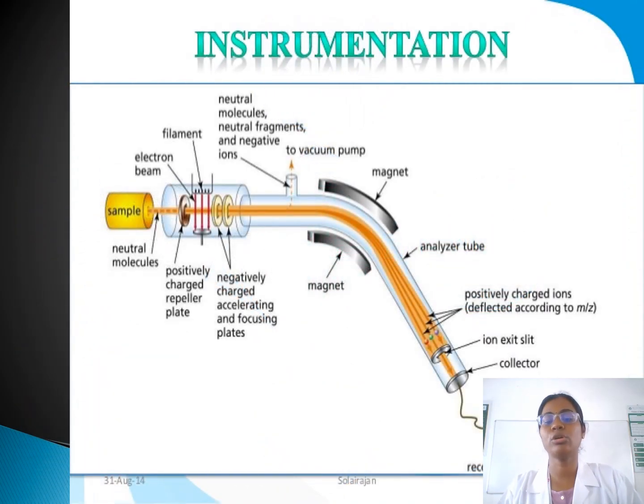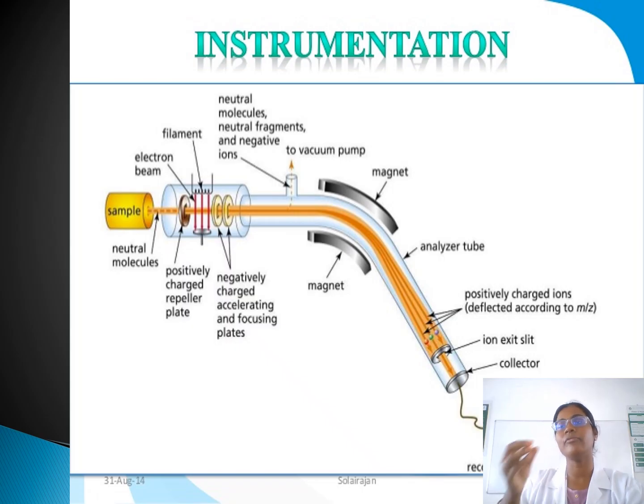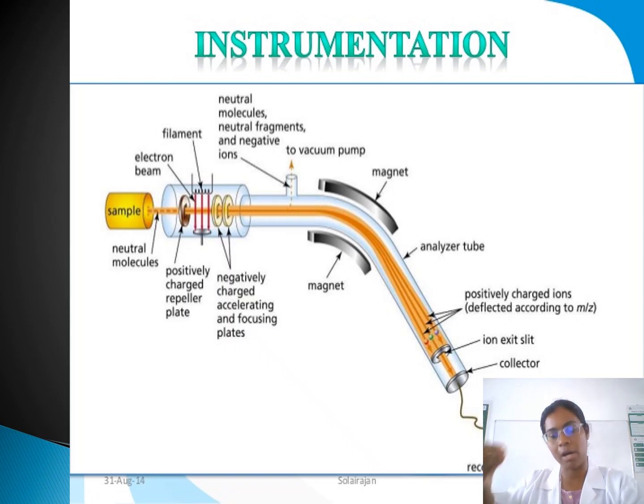These are the instrumentation of the mass spectrometer. The samples are injected here and go to the ionization chamber. The big molecules or parent molecules are converted to fragmentation ions. These ions go to the analyzer. In the ion trap analyzer, ions are separated depending upon the molecular mass.